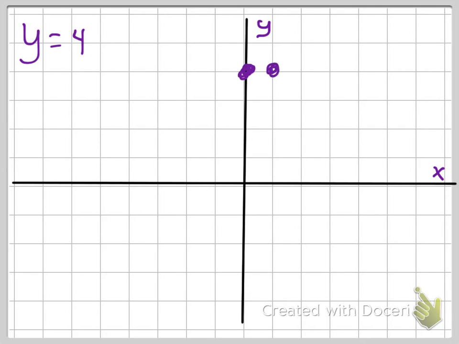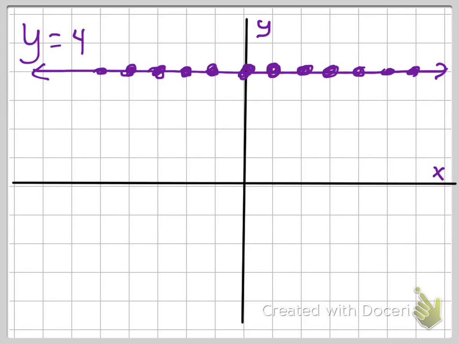Here's a y equals 4, here's a y equals 4, here's a y equals 4. All these have a y coordinate of 4. It doesn't matter what x is. Remember what I said about x. X is 0, does not exist. Okay, I have a flat horizontal line. That's what y equals 4 looks like.